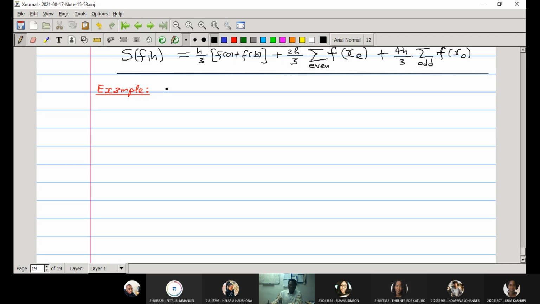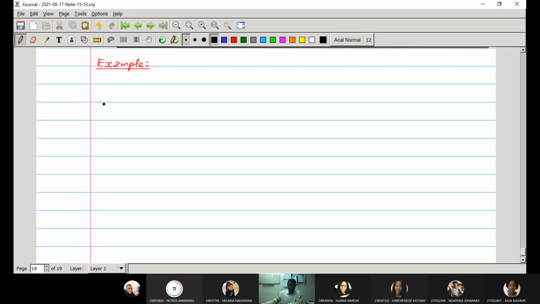We consider the function f of x equal to 2 plus the sine of 2 square root of x.